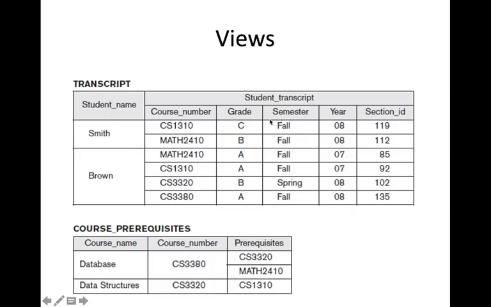This is just a virtual view of the original data. This information comes from different tables. The student may be present in the student table, the course in the course table, and the grade information in another table. All these tables will be combined, and you will get a view like this. This view is provided by the DBMS software. So we can have these different types of views when we use a DBMS.